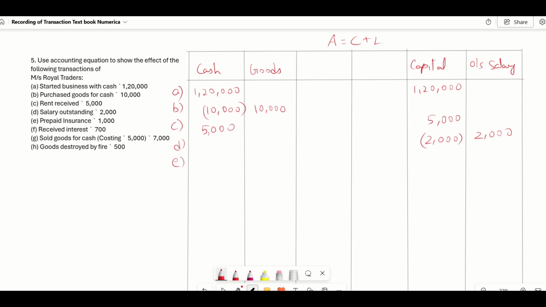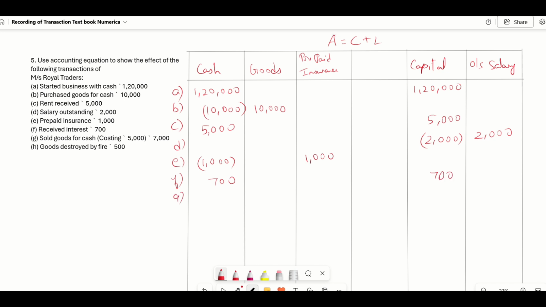Then prepaid insurance. Again, an expense which is paid in advance or prepaid is an asset. So that will reduce the cash balance, and prepaid insurance is an asset. We'll add it here. Then comes received interest of 700. It will be added to the cash and capital.